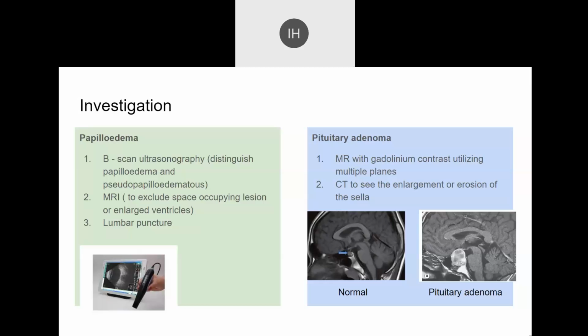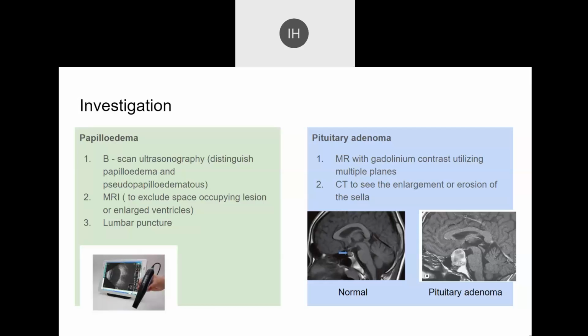Some of the differential diagnoses are idiopathic intracranial hypertension or impairment of CSF reabsorption due to meningitis. In Kanski, it is written that we need to do a lumbar puncture only when there is no space occupying lesion or enlarged ventricle. So we want to know if the increase in intracranial pressure is due to meningitis or not, so we do the lumbar puncture.